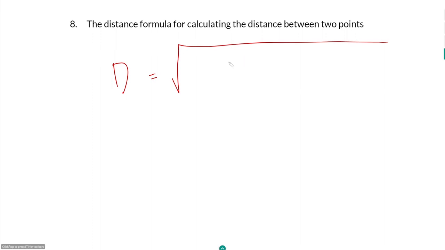So the vertical and horizontal distances. And so distance should be the square root of y2 minus y1 all squared plus x2 minus x1 all squared. Remember, the plus sign is outside the parentheses. The minus sign is inside the parentheses.